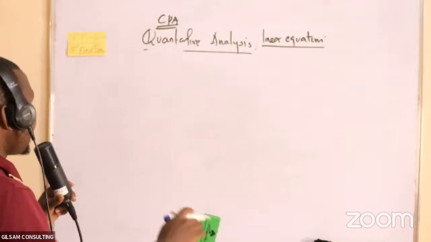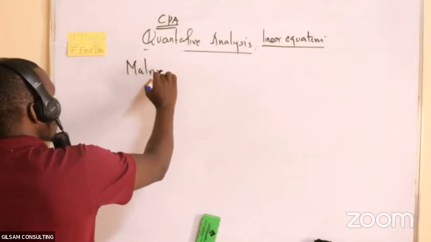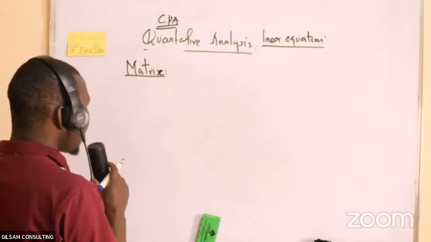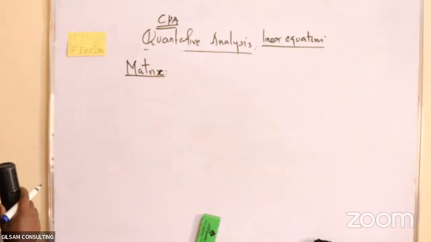So we have matrices. A matrix is just a way of forming an equation.